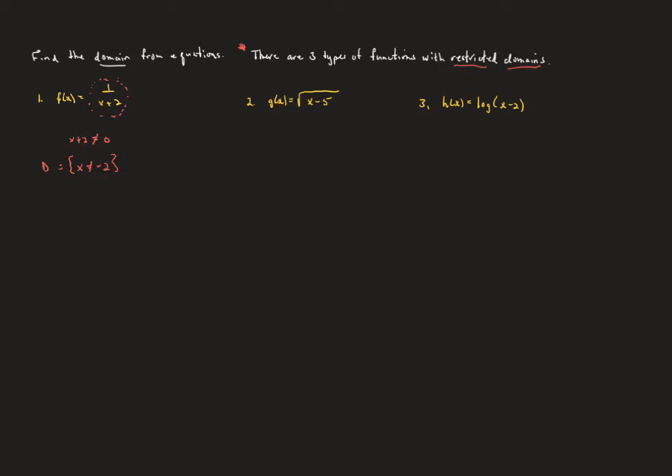On the second one, g of x, functions are what we call real valued functions. You may have talked about imaginaries in your Algebra 2 days, and we will do that later on. But in general, a function has to give us only a real number.